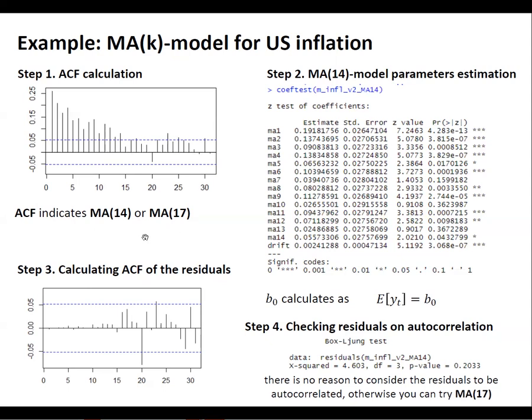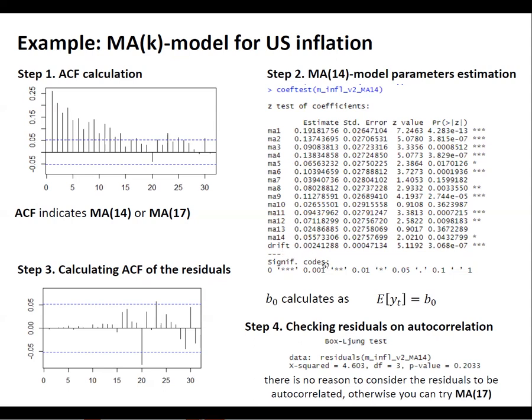Here we pass these two alternatives through the ARMA model. Here I already used the ARMA function, not the LM test. So here I have all the moving average 14 coefficients. Here is the drift coefficient.